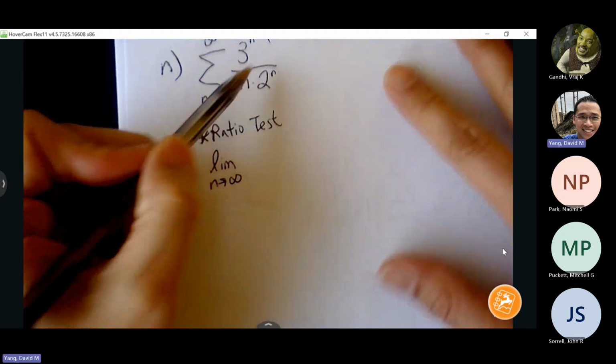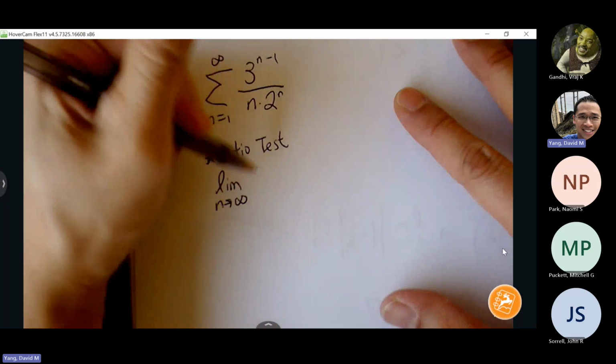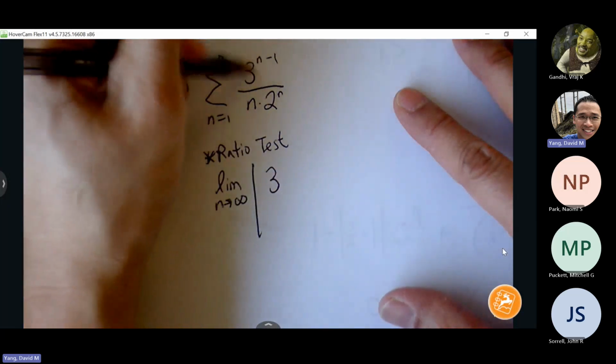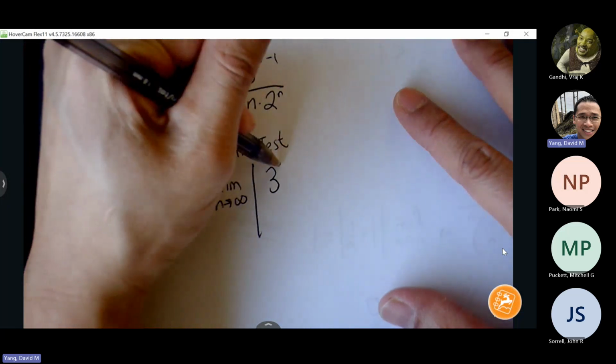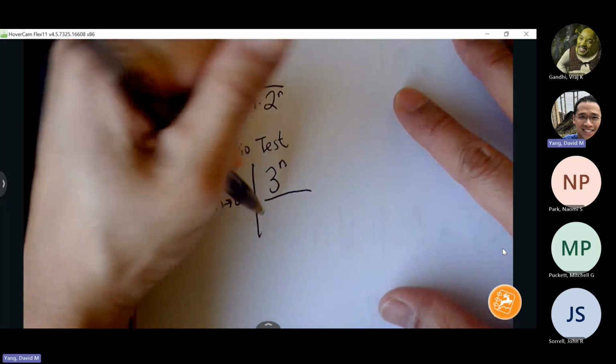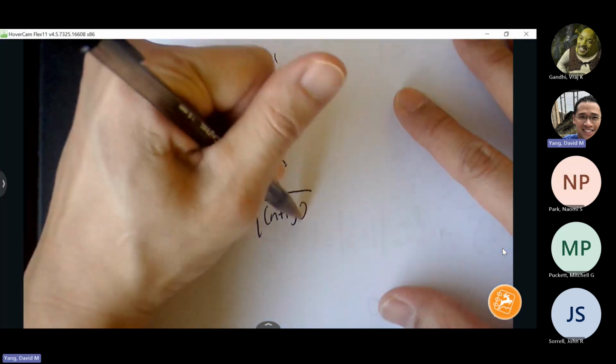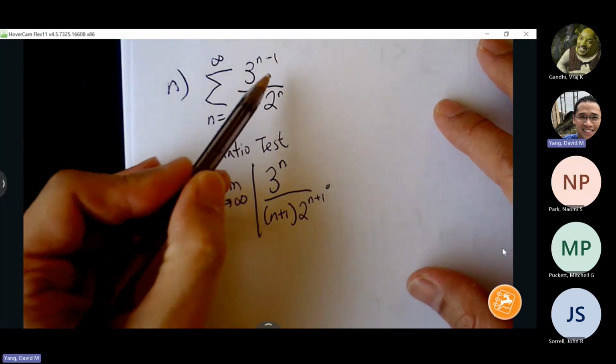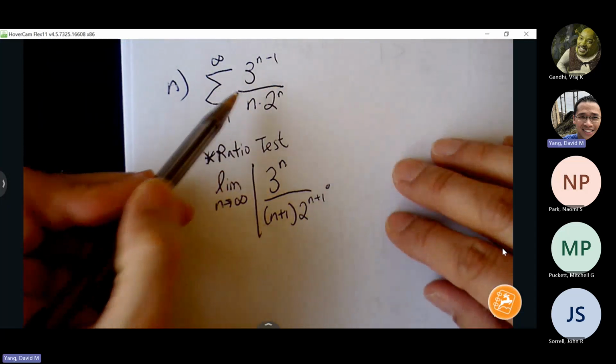So that's going to be a sub n plus 1 divided by a sub n. A sub n plus 1 means add 1 to every n. n minus 1 plus 1 will be n. This will be n plus 1. This will be 2 to the n plus 1, divided by the original series, which is the same thing as multiplying by the reciprocal.